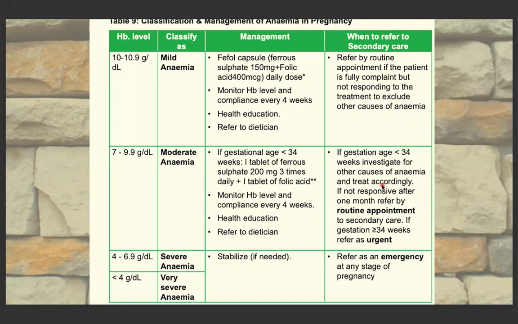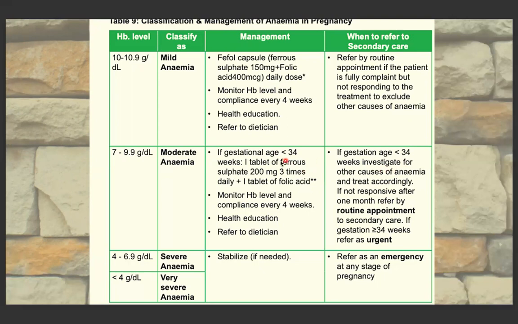If there is no response after 1 month, then in this case you have to refer to secondary care, if gestation is more than 34 weeks, or if there is no response after 4 weeks of medication. However, we have IV iron sometimes.